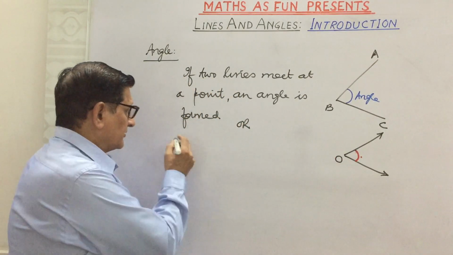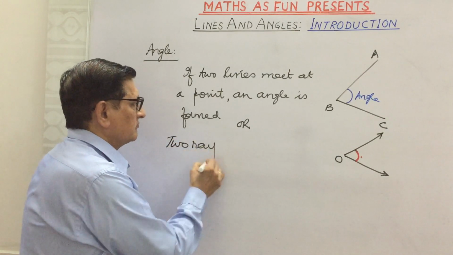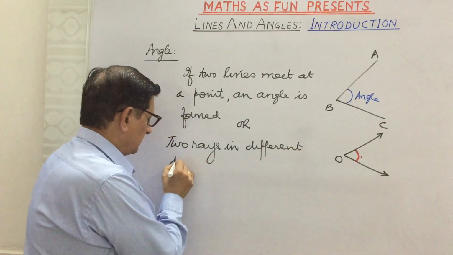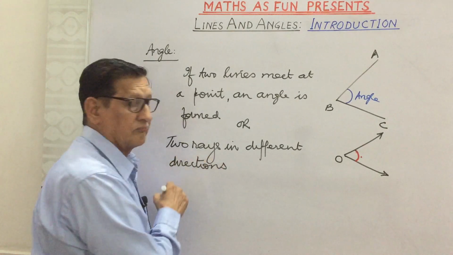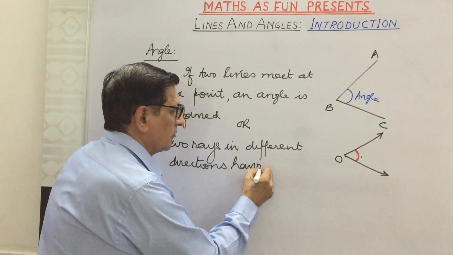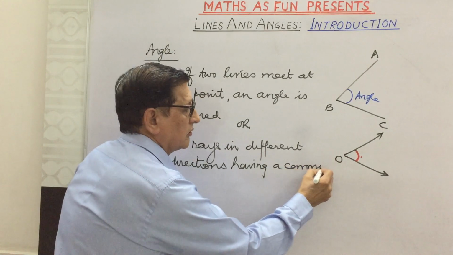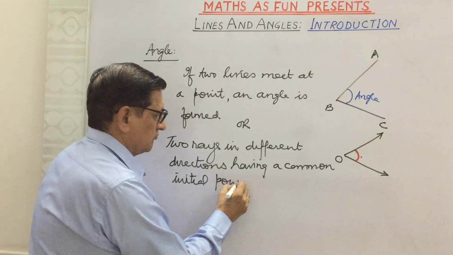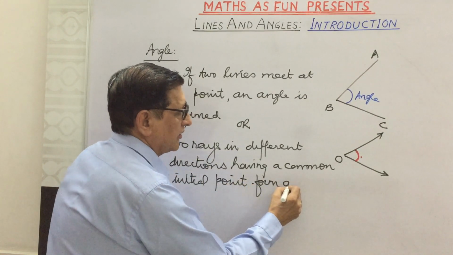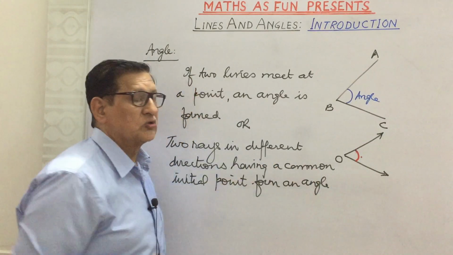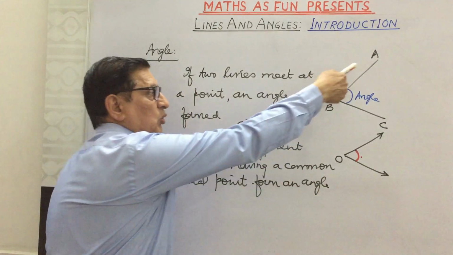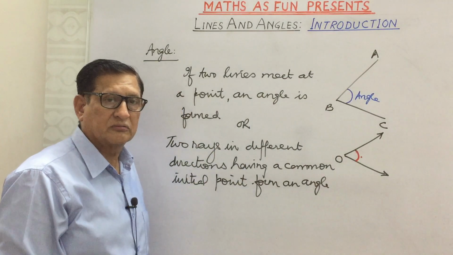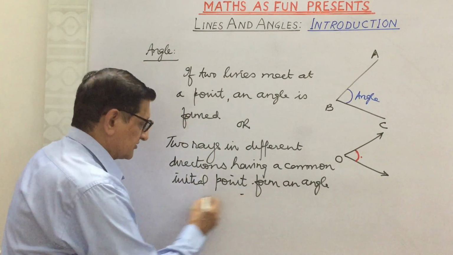So two rays in different directions having a common initial point form an angle. So an angle is formed by two lines meeting at a point or two rays having a common initial point. What about its parts?